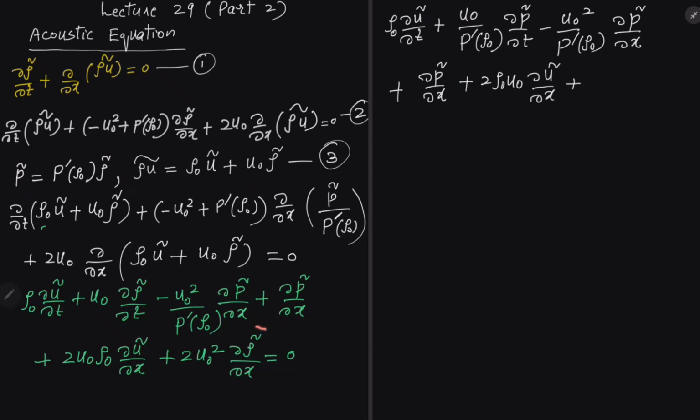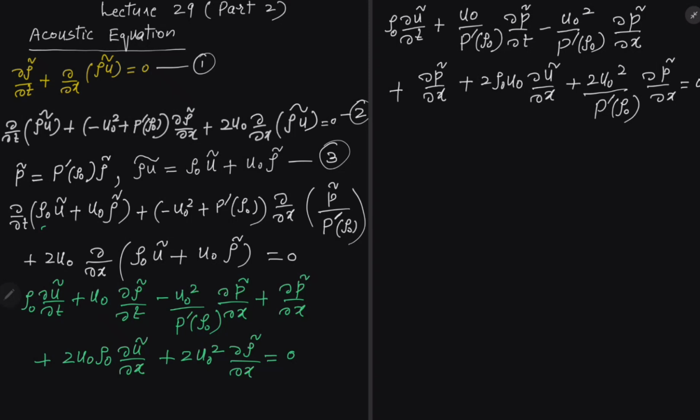We put the value of rho tilde from this equation, and I repeat, rho tilde is p tilde divided by p dash rho naught. So we put that value over here in the u naught square term, and when we put the value we get p dash rho naught outside of the derivative, and partial p tilde by partial x is equal to 0. That's it.